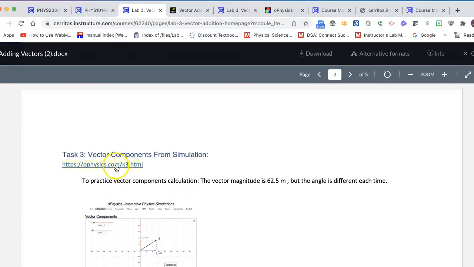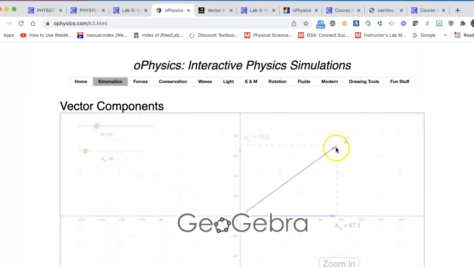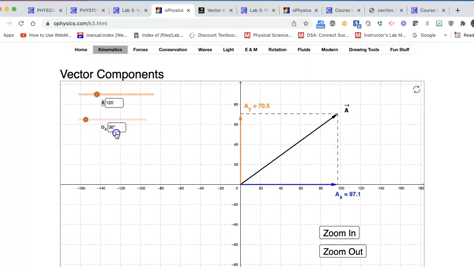Let me show you what I mean by this. Here I'm going to change. Okay, I'm going to have my vector, I said 62.5, right?